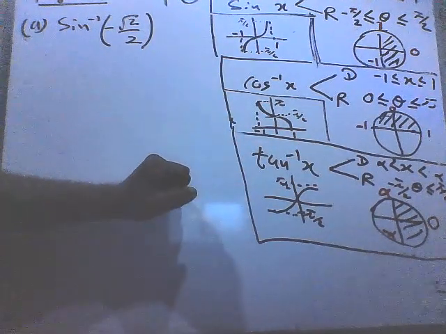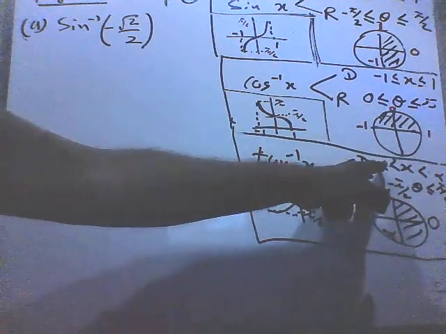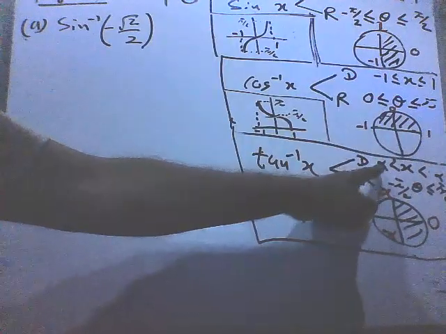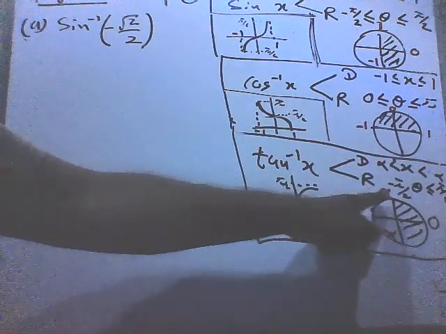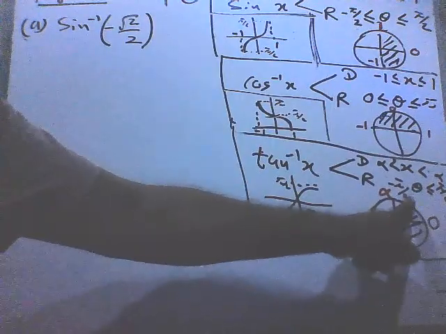And tan inverse, again its domain is any value you can have, right? Any value, and its output will always be between minus pi over 2 and pi over 2. So this quadrant is represented.